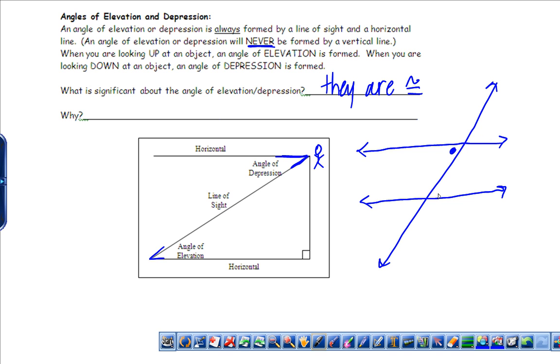This right here and this right here, this would be your depression and this would be your elevation. These are called alternate interior angles. And this is from geometry, and these are congruent, alternate interior angles.